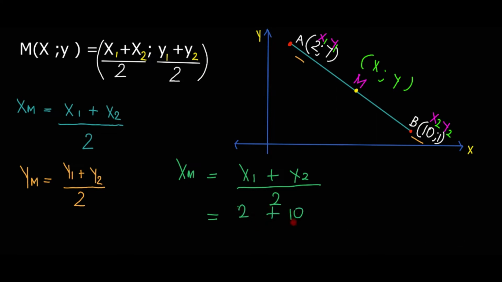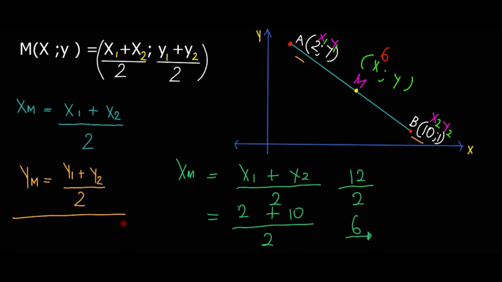2 plus 10 divide by 2, and then 2 plus 10 gives us 12. So we have 12 over 2, and then 12 divide by 2 gives us 6. So we have got the x coordinate, this one is 6, and then we want to find the y coordinate.